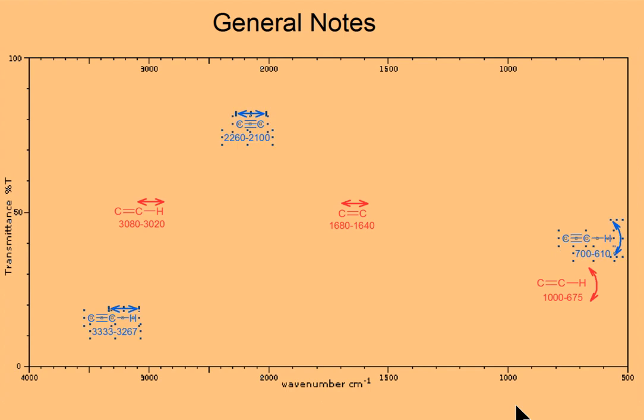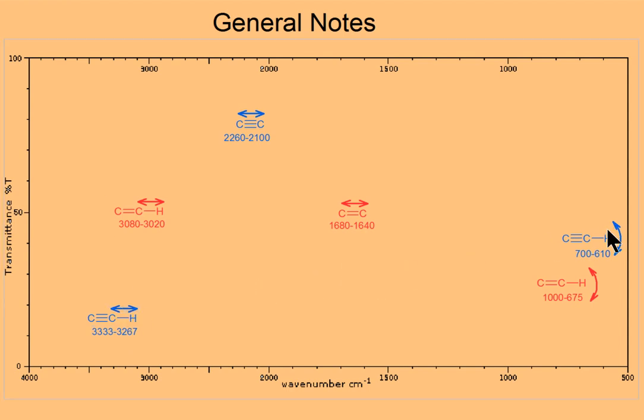Then the alkynes with that carbon to carbon triple bond. The triple bond itself usually appears somewhere between 2260 to 2100. If the alkyne triple bond is at the beginning of the molecule, then we'll get a carbon to hydrogen bond stretching vibration around 3300 to 3267. That varies in strength.